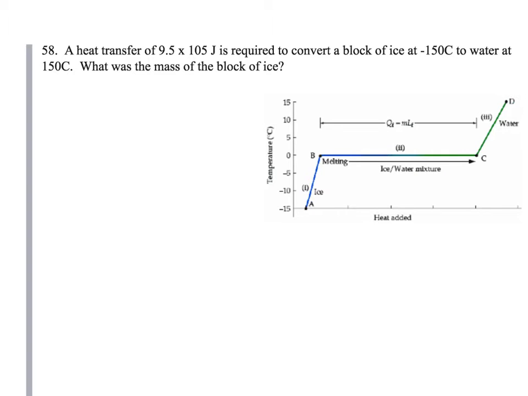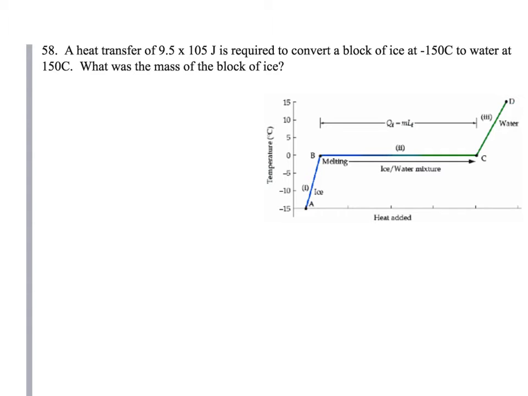Once it melts, the final temperature from C to D goes up to +15 degrees. So in order to find the mass, we're going to set the total heat equal to the sum of the heat needed to go from A to B, then B to C, and then C to D.